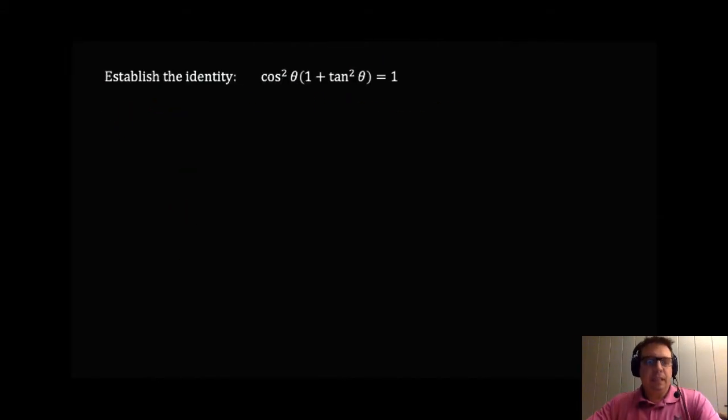For our second example, again we look at the left-hand side because that's the one that has the most opportunity to make some adjustments. So we're going to rewrite the left-hand side first. I'm going to end up with cosine squared theta, and then in parentheses 1 plus tangent squared theta. That equals, I don't know yet, but I do want to get 1 at the end.